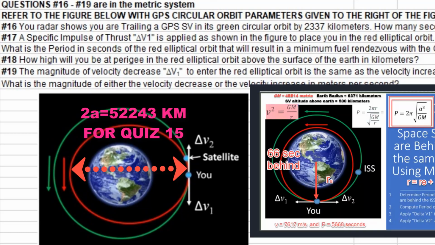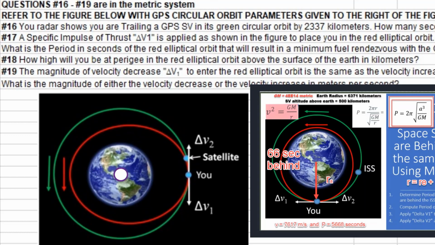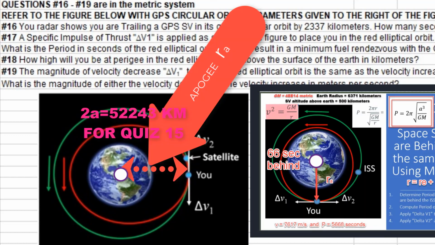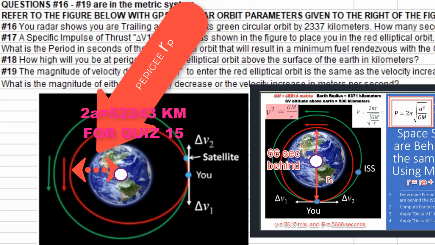And you also know that the Earth is one of the focal points of the red ellipse. Then if you take 2a minus RA, you'll get the perigee distance, the shorter end of the arc.